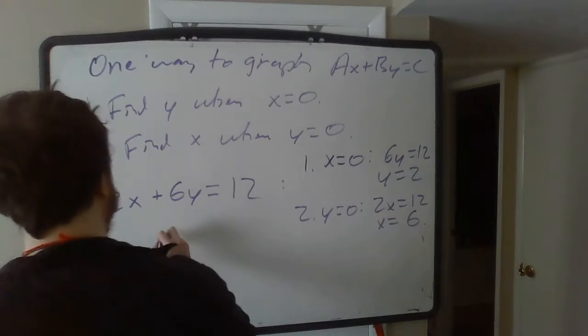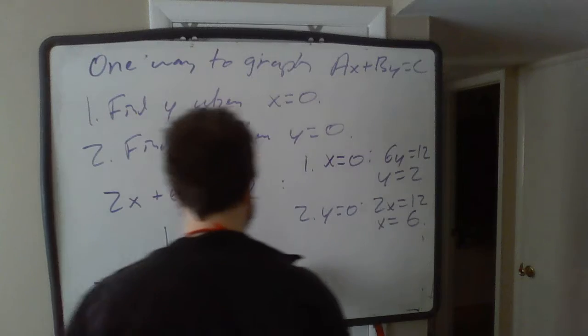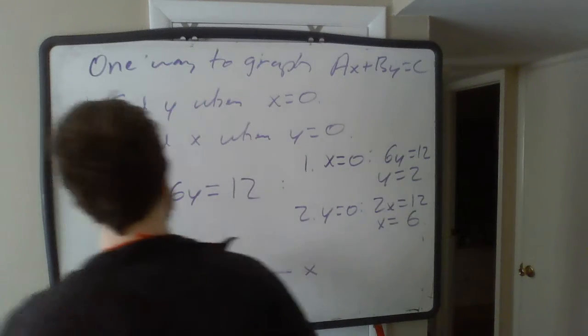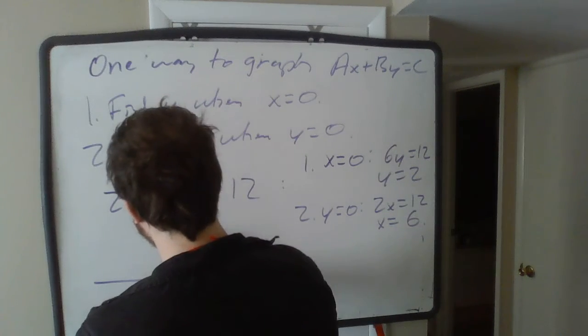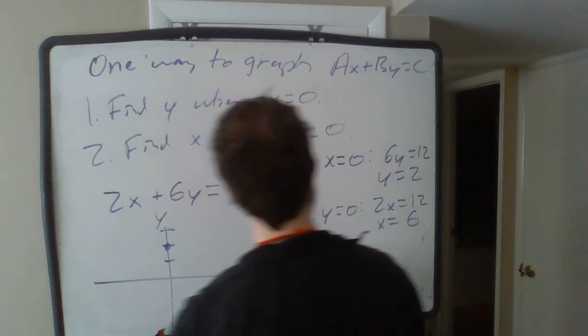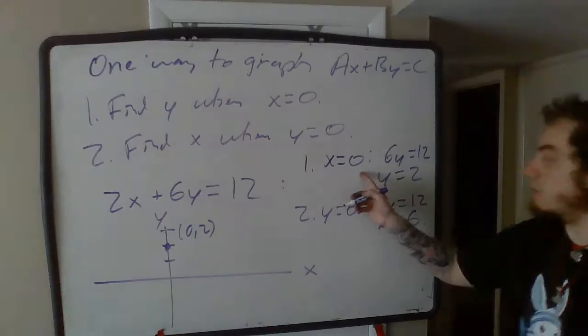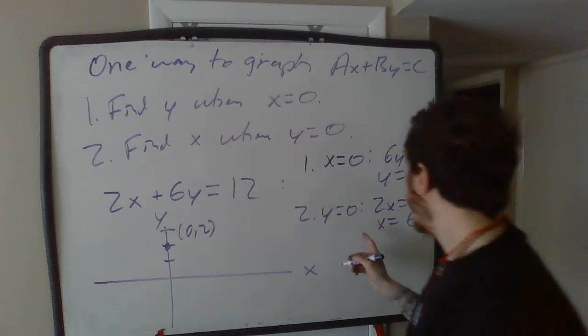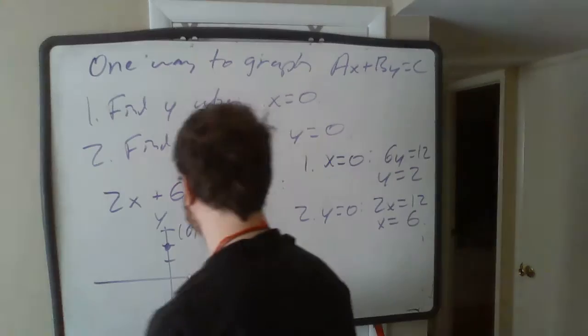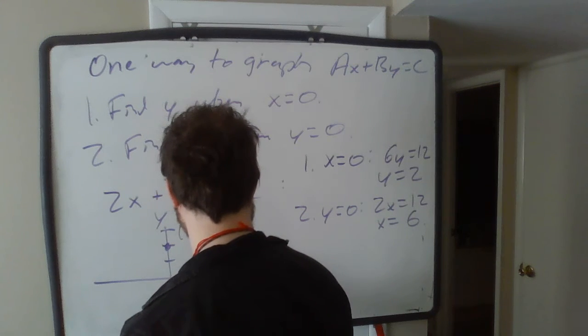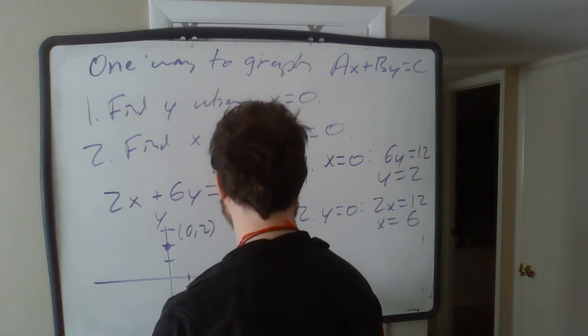So, if I want to make a graph of this line, I can mark off here that we're going to go through the point (0, 2), because when x is equal to 0, y should be equal to 2. And then we're going to go through the point 1, 2, 3, 4, 5, 6.